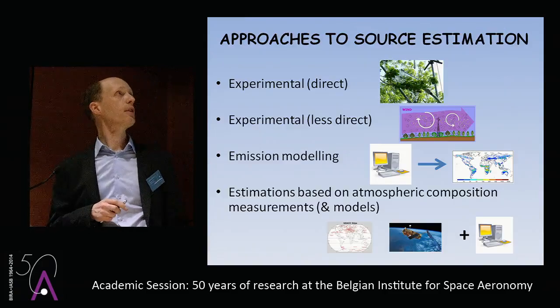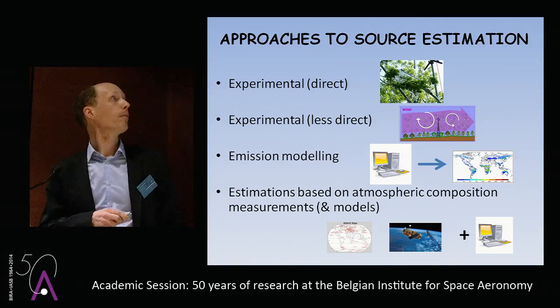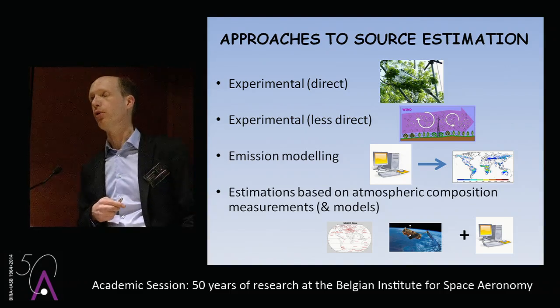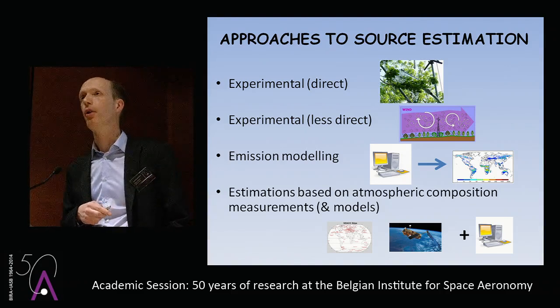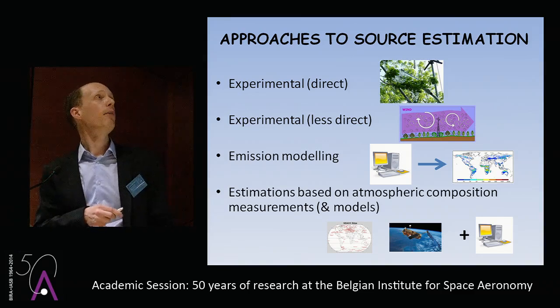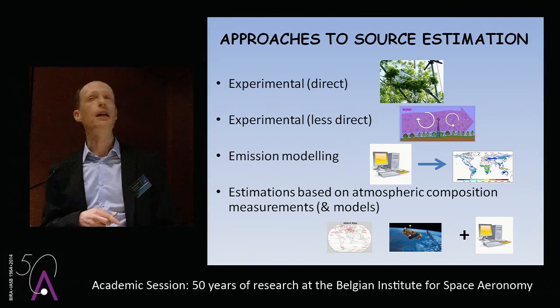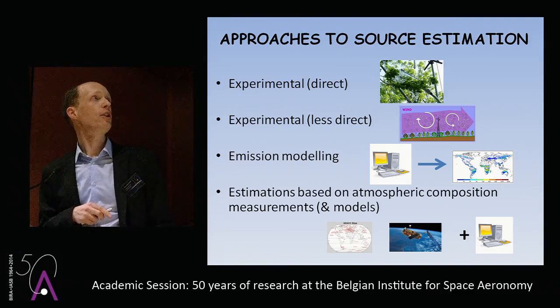There are several approaches to source estimation. I will first tell you a bit about direct approaches. For example, if you know that trees emit volatile organic compounds, you can place a cuvette around a branch and then measure directly the compounds that you want to investigate.